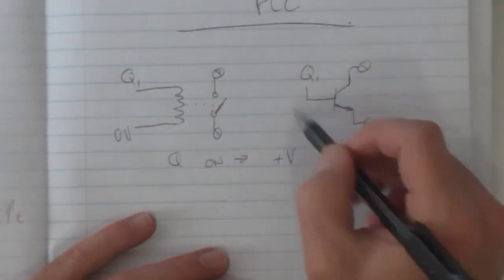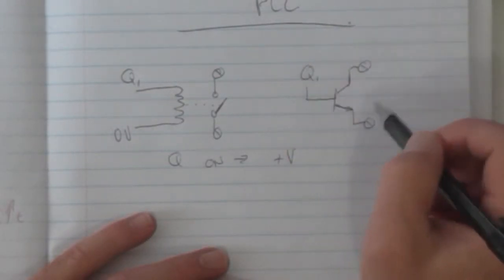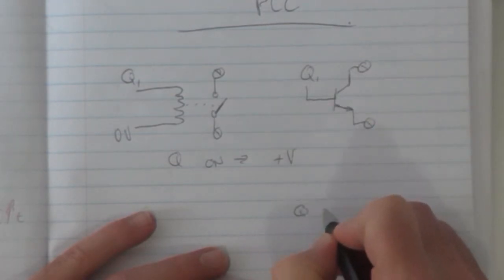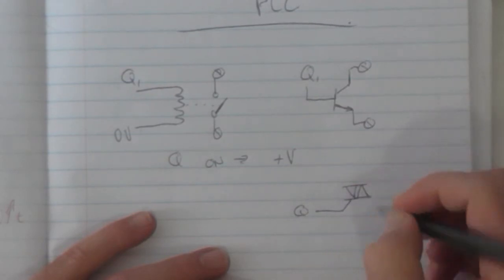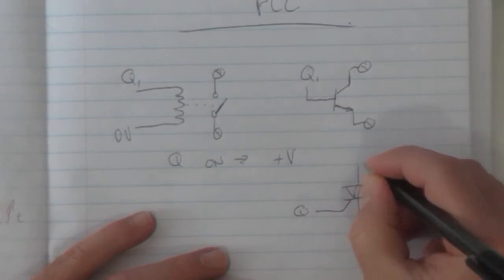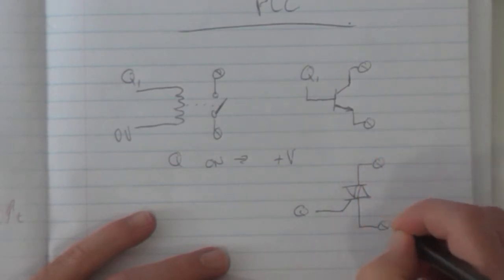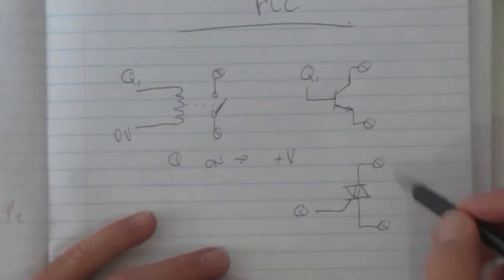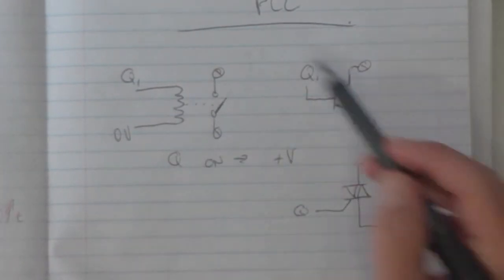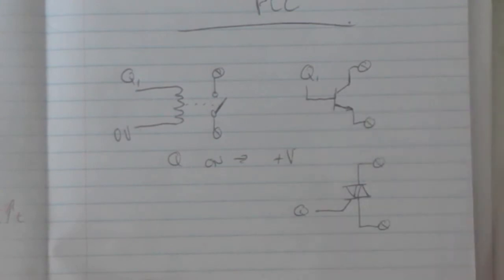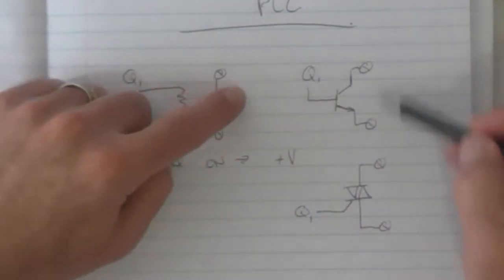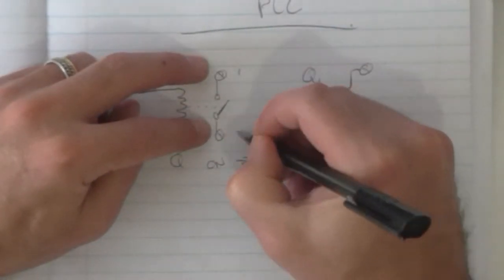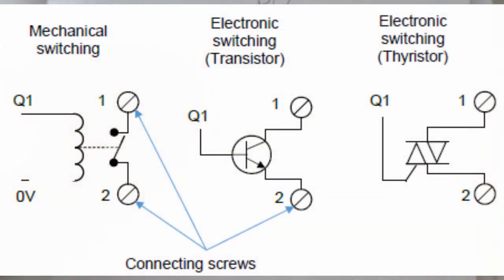The thyristor configuration is exactly the same as my transistor electronic switchgear, whereby Q will connect to my thyristor, and then those connecting points will connect to the external circuitry. In all of these, a voltage connected onto the Q will allow for conduction through terminal 1 and 2 on all 3 switching types.